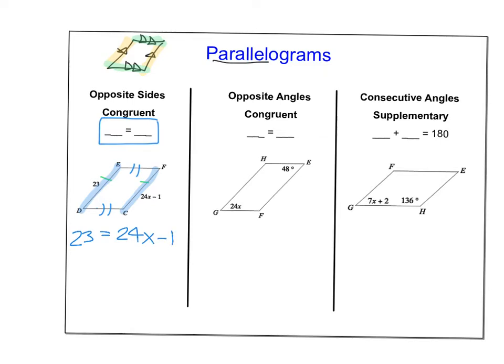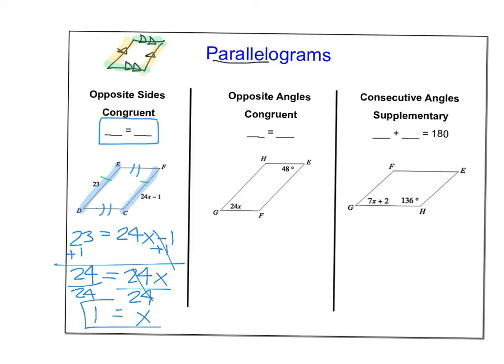Now we're going to solve this algebraic equation to get the value of x. So I'm going to add 1 to both sides. So I have 24x on the right equals 24. I'm going to divide by 24, and I get x equals 1.